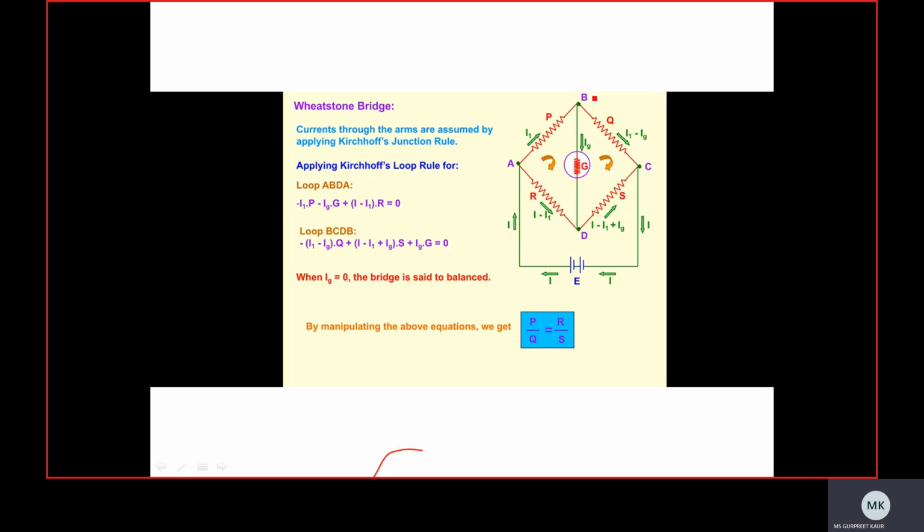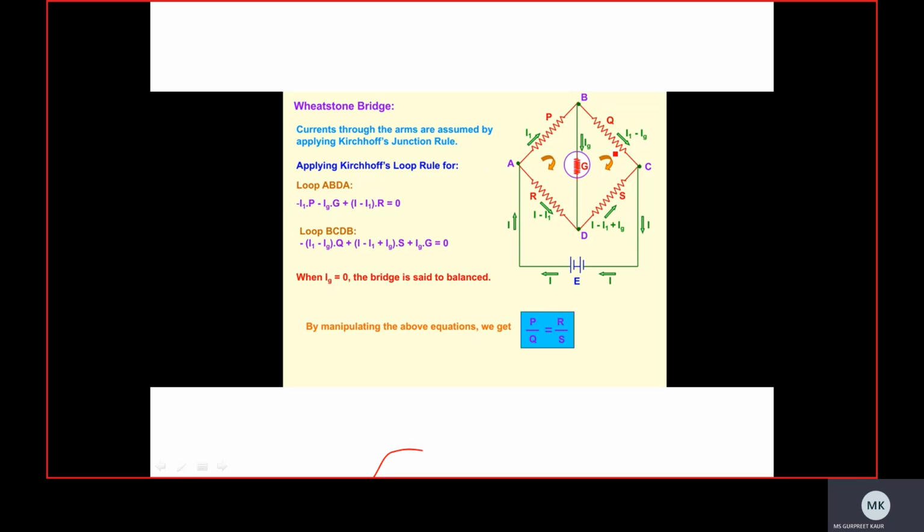Similarly, in this loop, B, C, D, B, you are moving in a clockwise manner. So in BC, the current is in the same direction as that of your traversal of the loop.